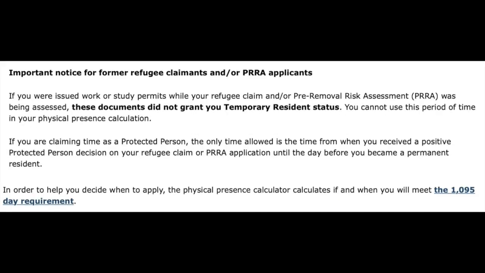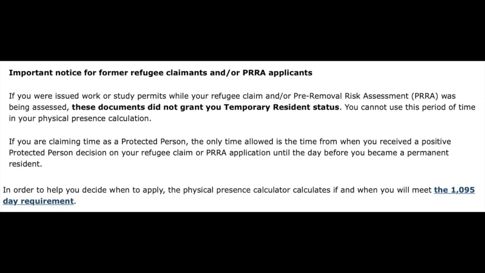Important notice for former refugee claimants and/or PRRA applicants. If you were issued work or study permits while your refugee claim and/or pre-removal risk assessment, or PRRA, was being assessed, these documents did not grant you temporary resident status. You cannot use this period of time in your physical presence calculation.